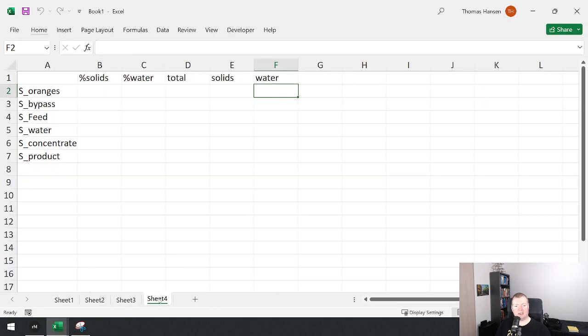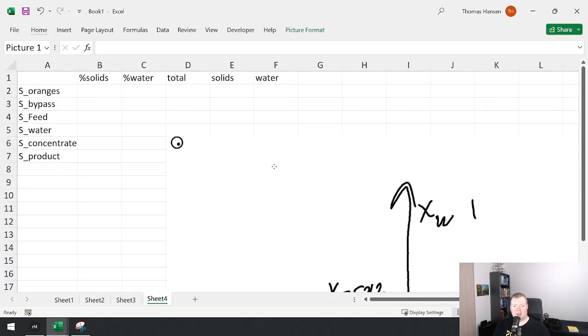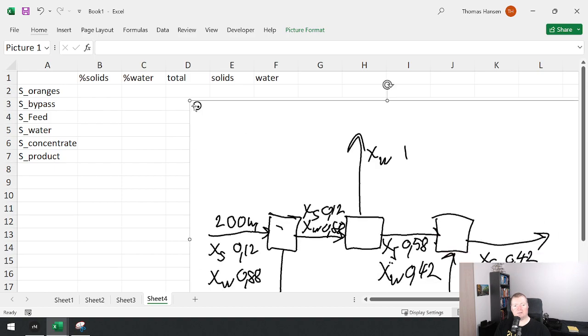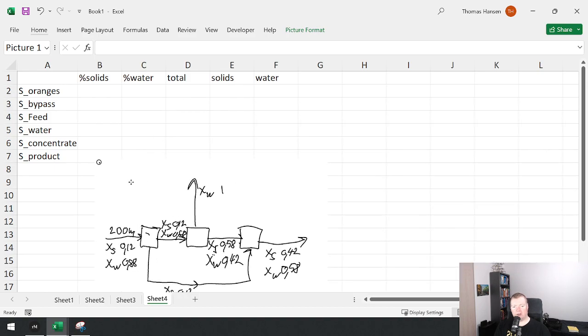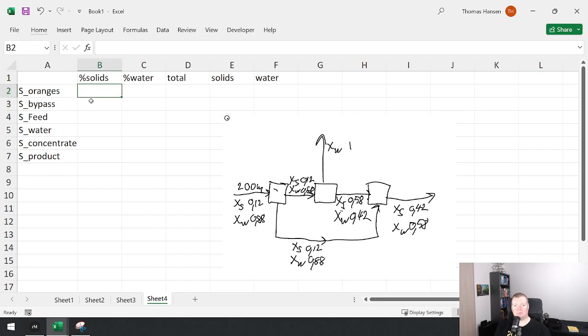Where was my Excel? And again, I've cheated and set up part of the Excel sheet ahead of time. So we're going to start to fill out the information. I know that I have 12% solids, and for the water, I'm just going to take 1 minus the other percentages. In my bypass, 12%, my feed, 12%, the water has no solids, the concentrate is 58% solids, my product is 42% solids.